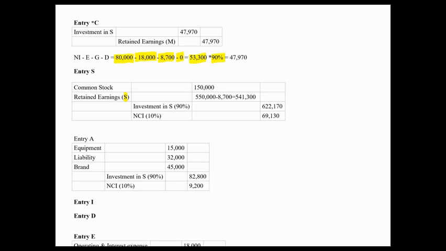It equals the current book amount, and then minus this 8,700 related to the deferred gross profit in the prior period. Then we allocate 90% of the total debit to the investment in subsidiary and allocate 10% to the non-controlling interest. Alright, so that's entry S.